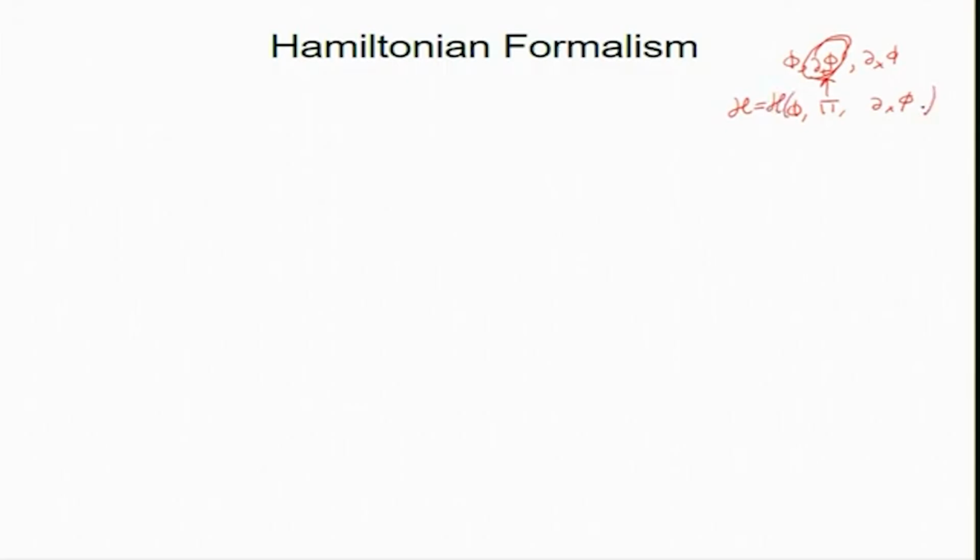Okay. So let me just briefly tell you how we construct the Hamiltonian, and we need that for our course. First we define the momentum density. Like φ is a function of x and t, similarly momentum will be a function of x and t, it is a momentum density. Okay, it is not momentum. So every position will have a momentum density. That is defined as δL/δφ̇.